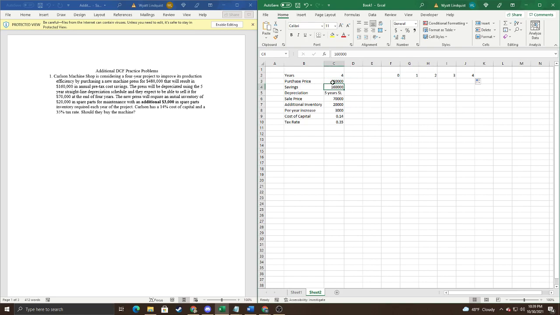And now we're going to compute our gross profit. So we're going to do first our savings. Now, we're going to treat our savings like revenue, because essentially they're going to generate us more money.